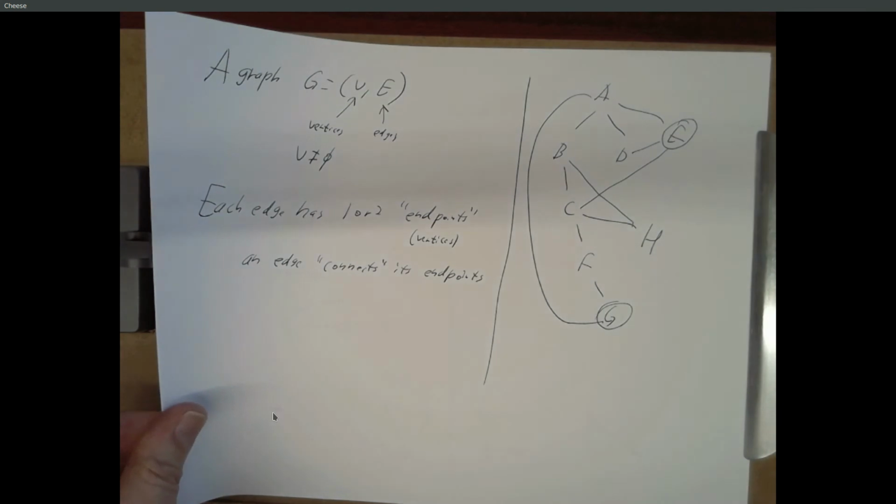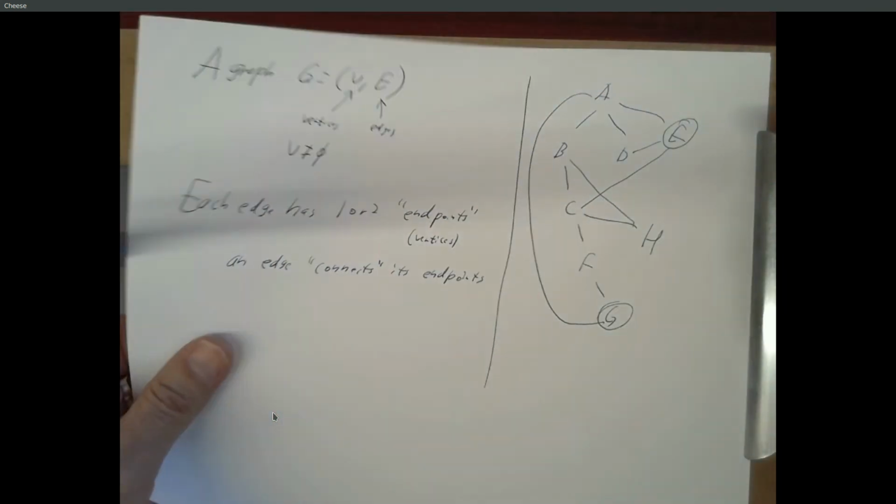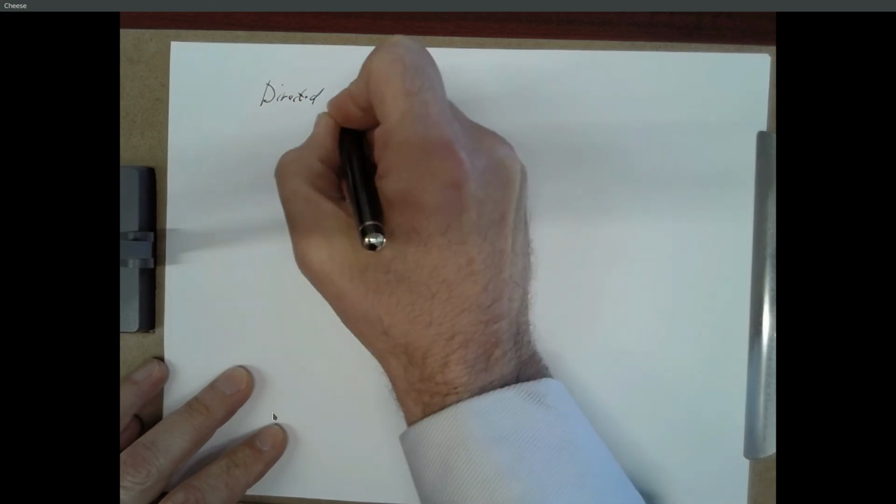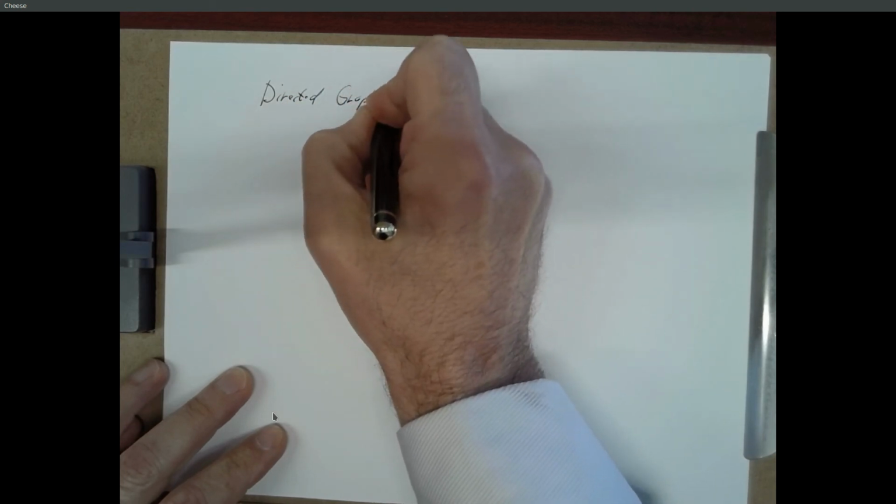All right, more terminology. So a directed graph, basically each edge has an arrow, a direction associated with it.